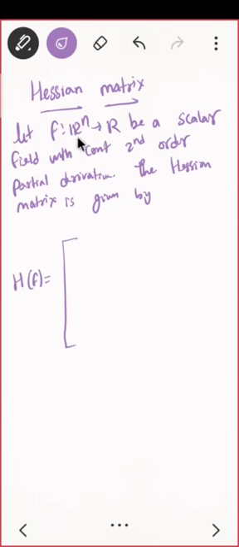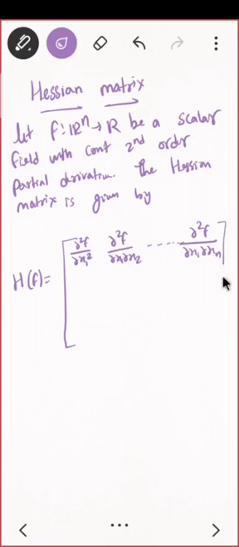There are n variables, so it will be dou 2f upon dou x1 square, dou 2f upon dou x1 dou x2, and so on. It will be dou 2f upon dou x1 dou xn. Do you see, this is something like a matrix, this is 1 1 position, this is 1 2 position, and this is 1n position.